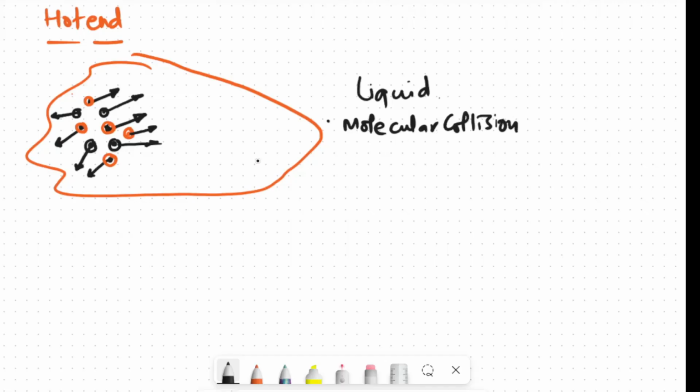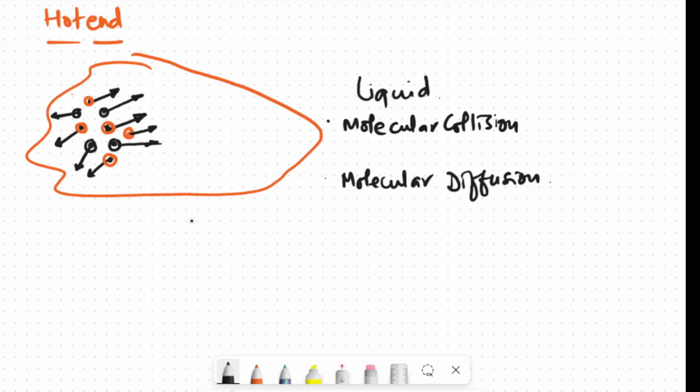This more energetic red molecule will collide with the less energetic molecules and heat transfer by conduction will take place, and also because of molecular diffusion.